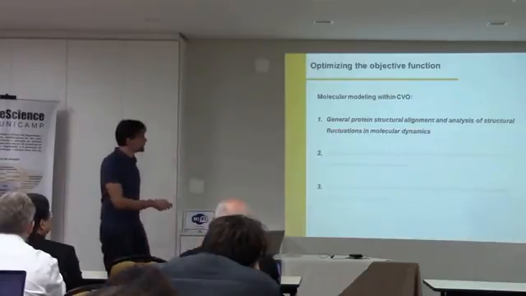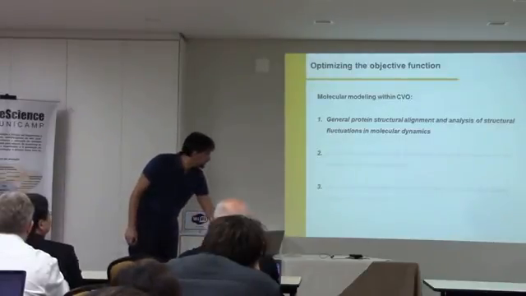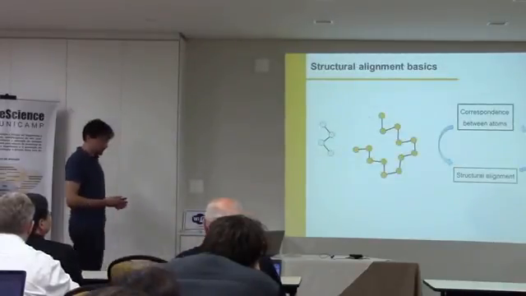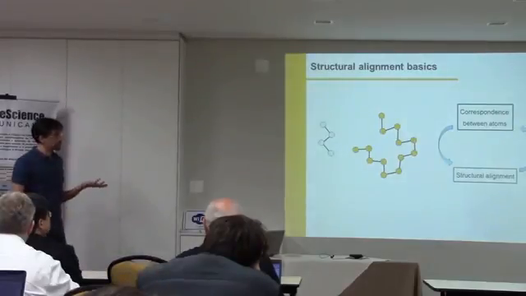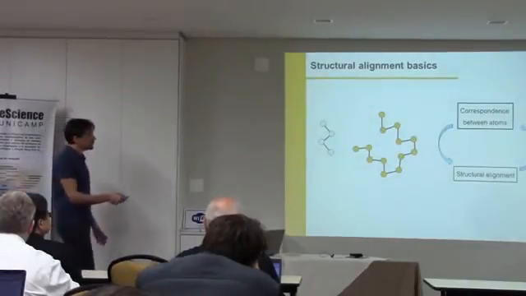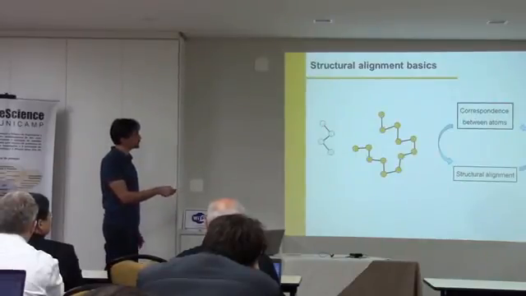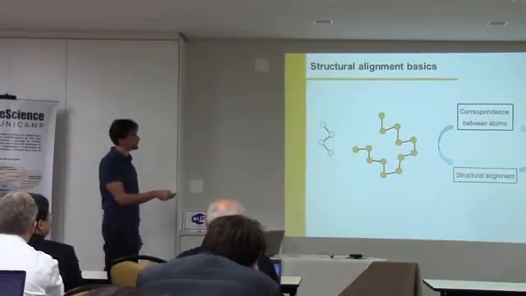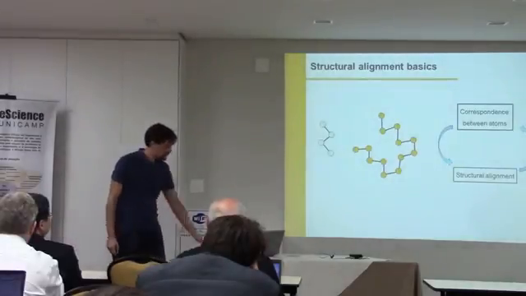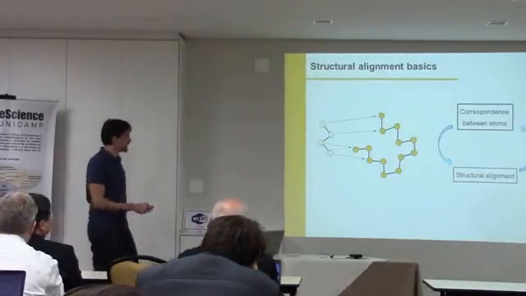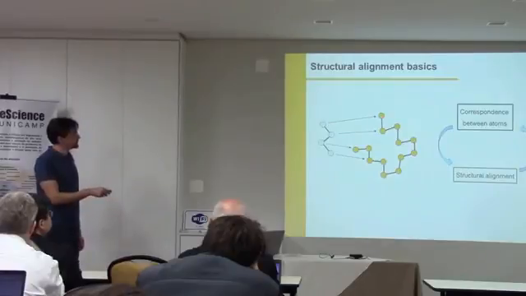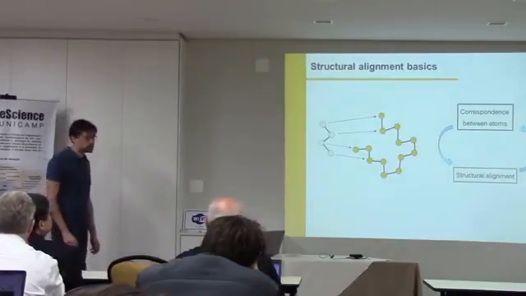First, we are going to talk about the general protein alignment problem. The protein alignment problem depends on two steps. First, we need to find out which are the atoms of one structure that correspond to the atoms of the second structure. For example, here I have defined the correspondence between the atoms of the two structures.